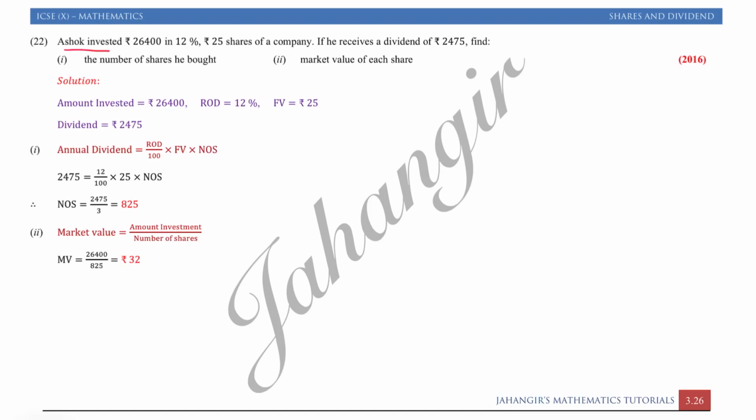Question 22. Ashok invested rupees 26,400 in 12% rupees 25 shares. If he receives a dividend of 2475, find the number of shares he bought, then the market value of each share. So let us write the information.